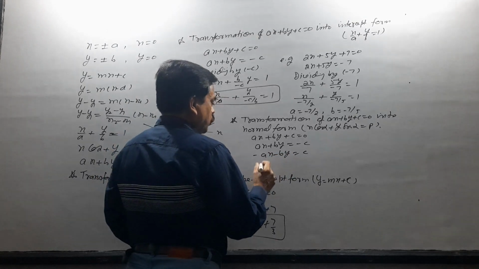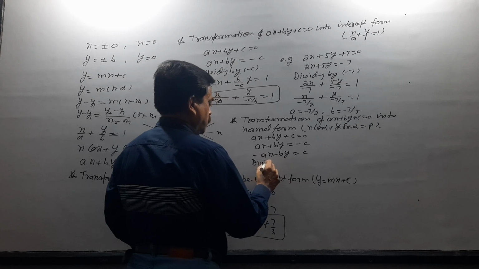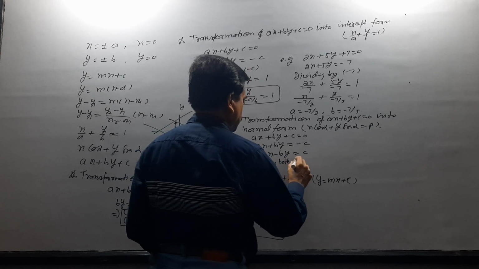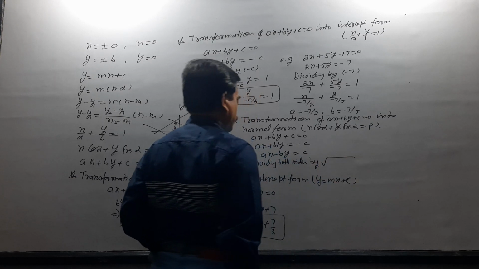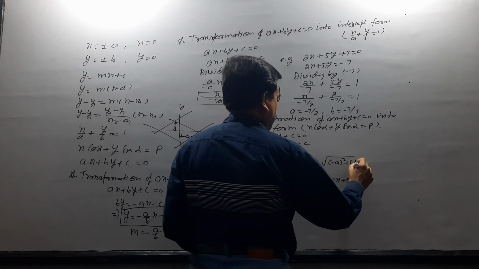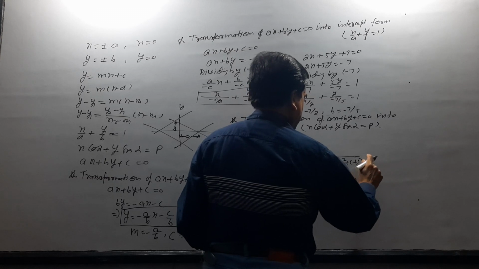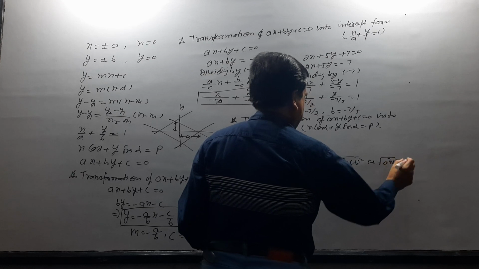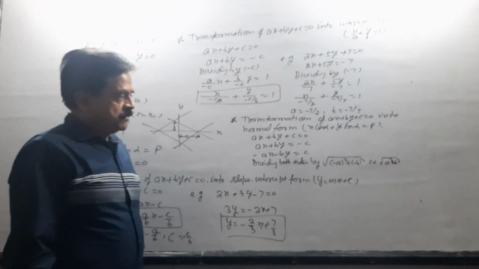And now dividing the whole equation, dividing both sides by root of minus a square plus minus b square, that is root a square plus b square.